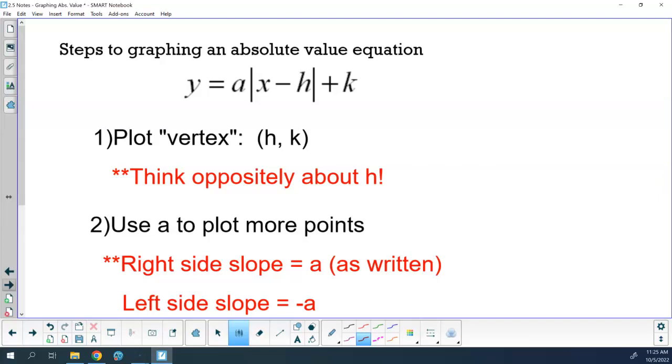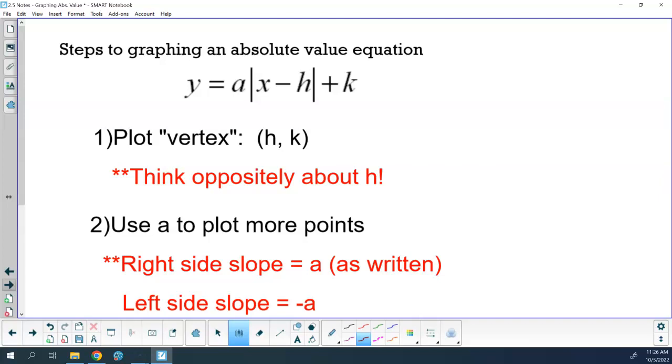So the first one is you're going to find the point (h, k), and you're going to plot that point because that's your vertex, that's your starting point. Okay? Again, thinking oppositely about h. Then, this part is really, really nice.